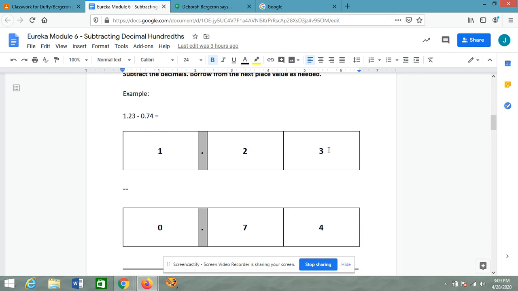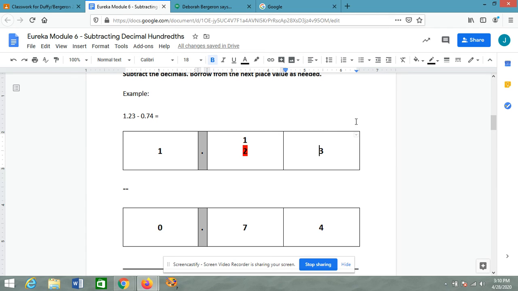So let's go all the way to the right to the hundredths. 3 hundredths minus 4 hundredths. Can't do that, so we need to borrow. Let's borrow from this tenths place. And we're going to show that borrow by highlighting. So that tenths place now is only 1/10 because we took one of those tenths.